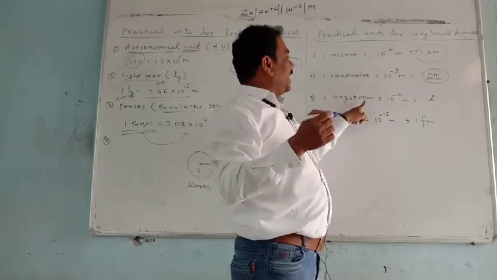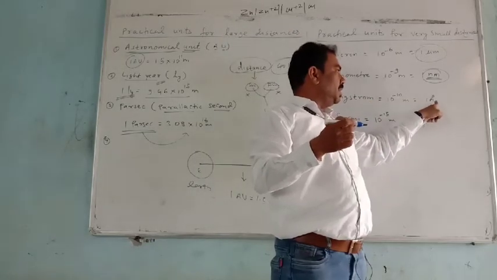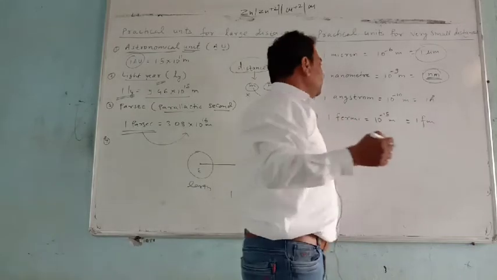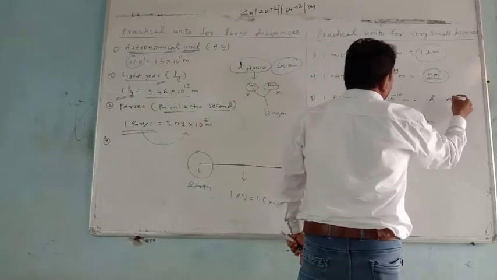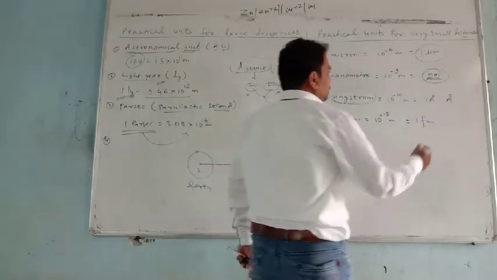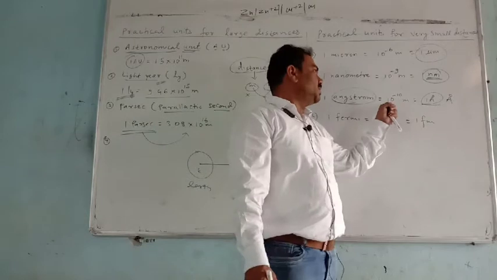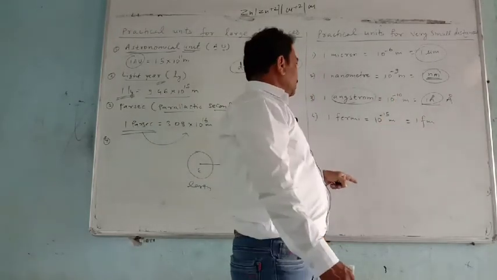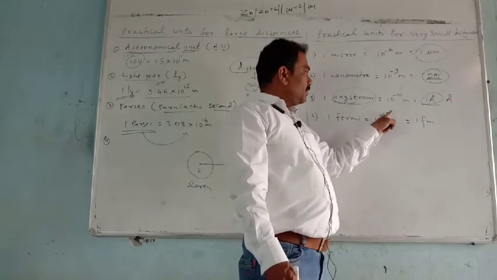1 angstrom. You can represent this angstrom like this: just draw capital A and put one small circle on the head of capital A. This indication is 1 angstrom, and 1 angstrom is always equal to 10 to the power minus 10 meter. 1 Fermi stands for 10 to the power minus 15 meter.